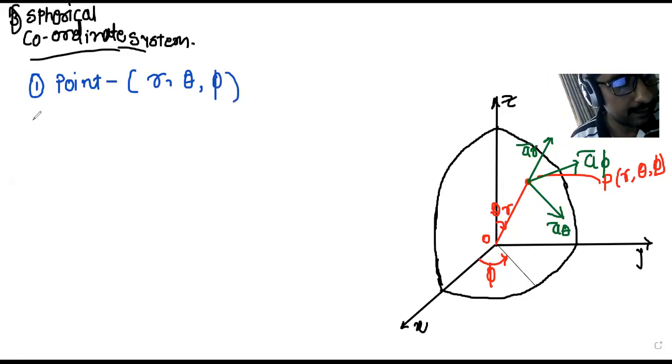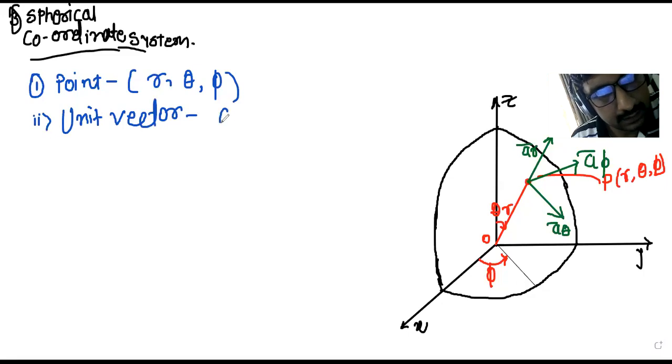Then we have the second characteristic, it would be unit vectors. What are all unit vectors? It would be a bar r, a bar theta, a bar phi.